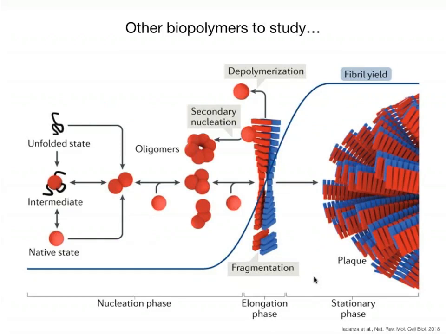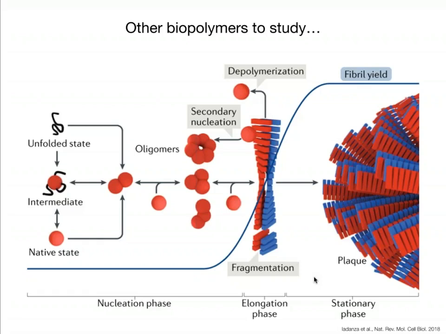Now, going beyond actin, there are also other biopolymers that one could study with the exact same set of methodologies. And one prominent set of biopolymers, which basically suffers from the same lack of methodologies, is amyloid fibrils, which are involved in the pathogenesis of a lot of prominent neurodegenerative disorders such as Alzheimer's and Parkinson's disease.